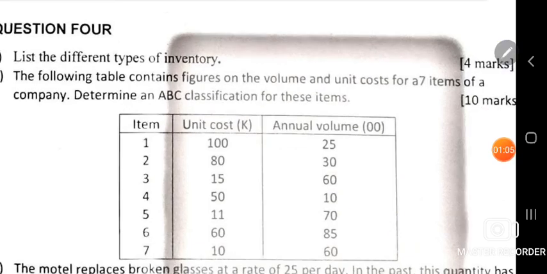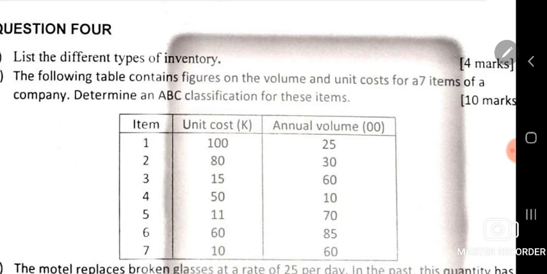So, the way it will work for this particular question: first you rewrite this table that you're seeing, just rewrite it. Then we'll start adding columns to the table. Already you have items, unit costs, annual volume. What's going to be happening in these additional columns? Well, we're going to have an additional column where we'll be multiplying the unit costs with the annual volume.